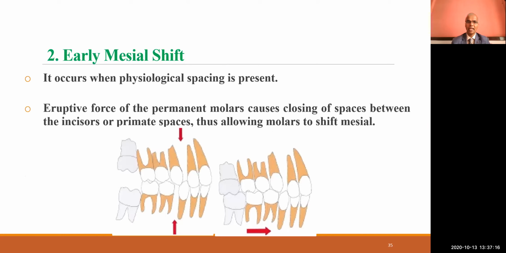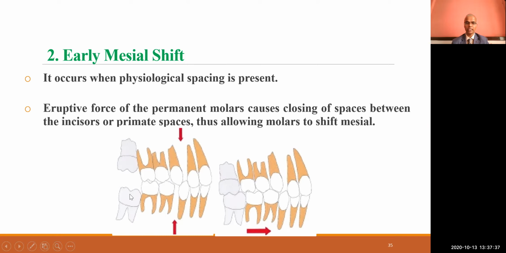Early mesial shift occurs when there is physiological space in deciduous dentition. In the diagram, we can see there is primate space or physiological spacing. So the erupting first permanent molar applies an eruptive force.